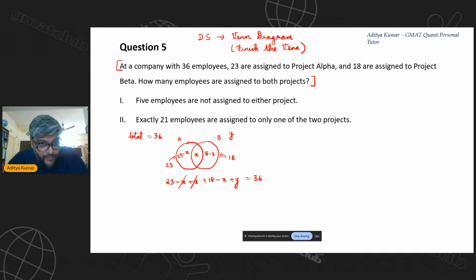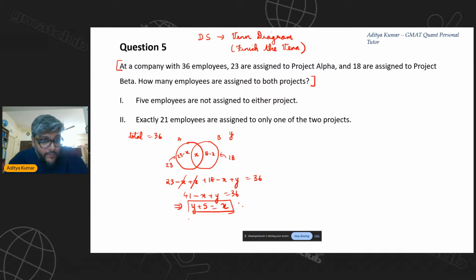X cancels. 23 plus 18 is 41. So 41 minus X plus Y is equal to 36. I'll take the 36 to the left hand side. So Y plus 5 is equal to X is what we get. So this is the equation I've got.